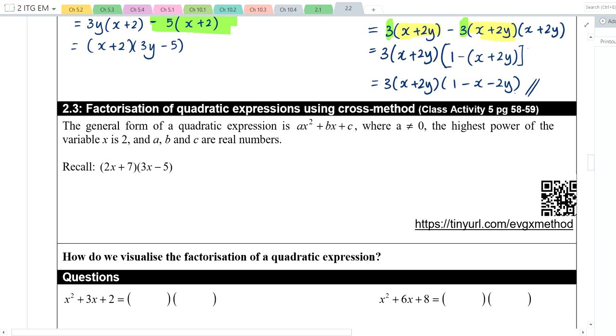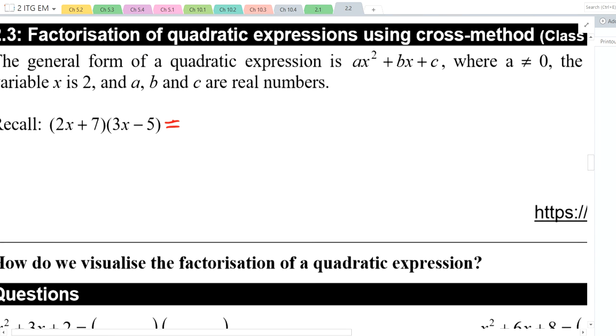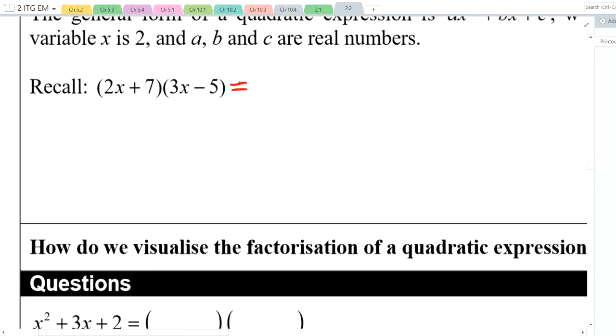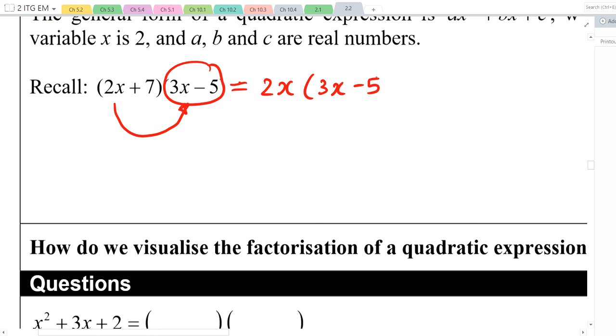2.3. Let us expand this out. Okay, let's expand it. We have 2x multiplied by 3x minus 5. So this gives me 2x times 3x minus 5.